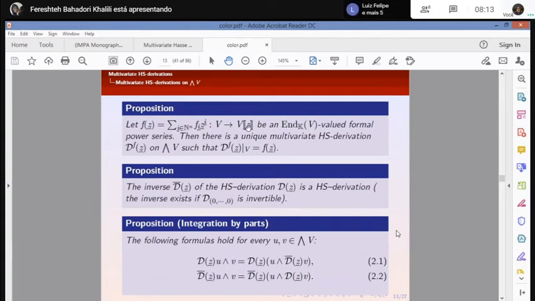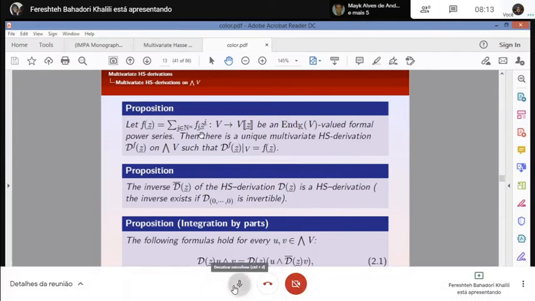Yes, this is a power series in just this variable. So is this finite in some sense, or can it go to infinity? No, it can be infinite. I mean, yes, it can be finite, but it can be infinite as well. Okay, there is no restriction. Okay, thank you.